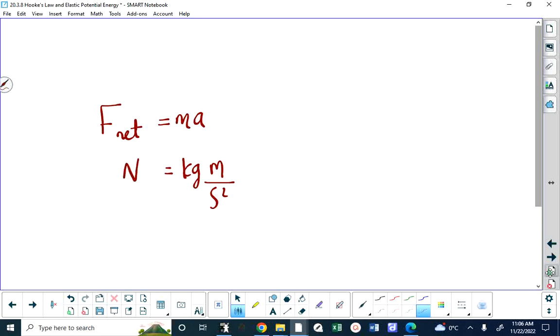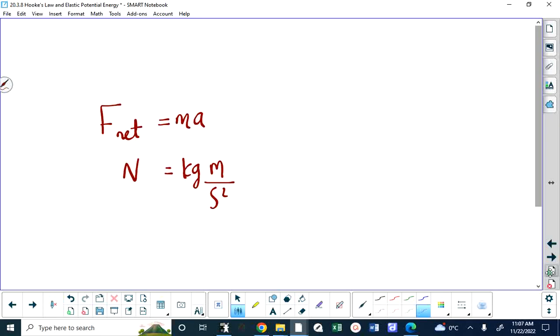The story as I tell it is that Isaac Newton comes up with this F net equals ma idea. People use it. They predict what happens in the real world, and their observations match their predictions. The formula works well. But sooner or later, somebody says, do we have to keep writing kilogram meter per second squared for the unit of force? And somebody else comes up with the brilliant idea of saying, well, why don't we just abbreviate that?